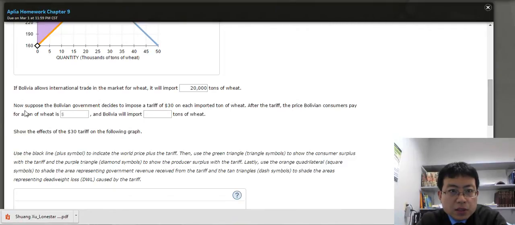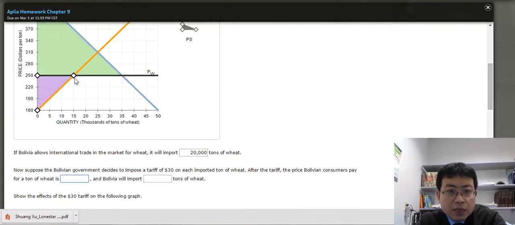Now, suppose the Bolivian government decides to impose a tariff of $30 on each imported ton of wheat. Remember, a tariff is a tax on imports. So for every ton of wheat we import, we're going to charge a $30 tax. After the tariff, the price a Bolivian consumer pays for a ton of wheat is, before the tariff, the world price of $250, but with the $30 tariff, the price will become $280.